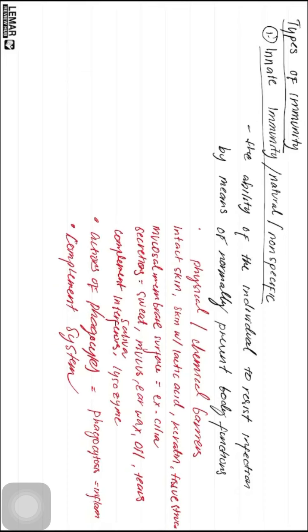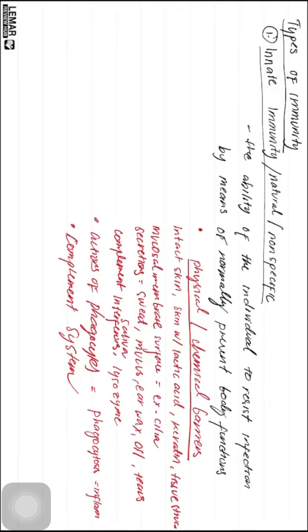Kanina, sabi natin, we have the physical and chemical barriers. These are our external defense mechanism. Includes intact skin, skin with lactic acid, keratin, tissue structure. Di po ba yung skin natin, this is made of stratified squamous keratinizing epithelial tissue. So, patong-patong yung cells, preventing the abrasion, preventing the passage of pathogens, no?